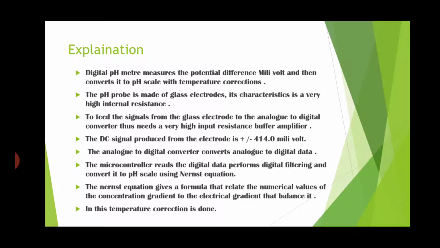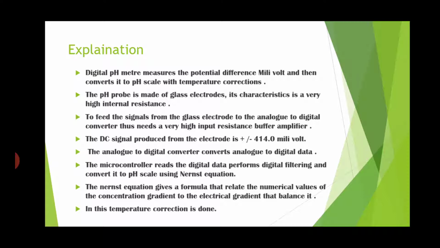To feed the signals from the glass electrode to the analog to digital converter, it needs a very high input resistance buffer amplifier. The DC signal produced from the electrode is plus minus 414.0 millivolts. The analog to digital converter converts analog to digital data.